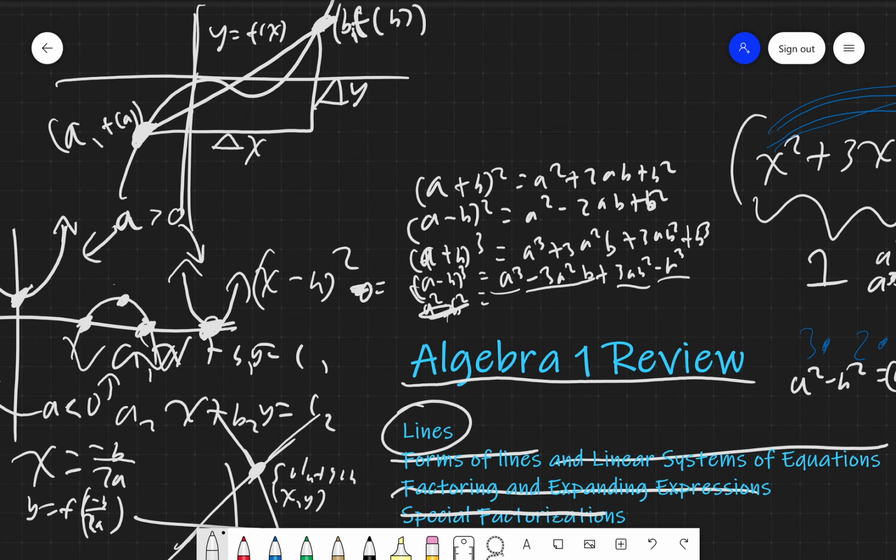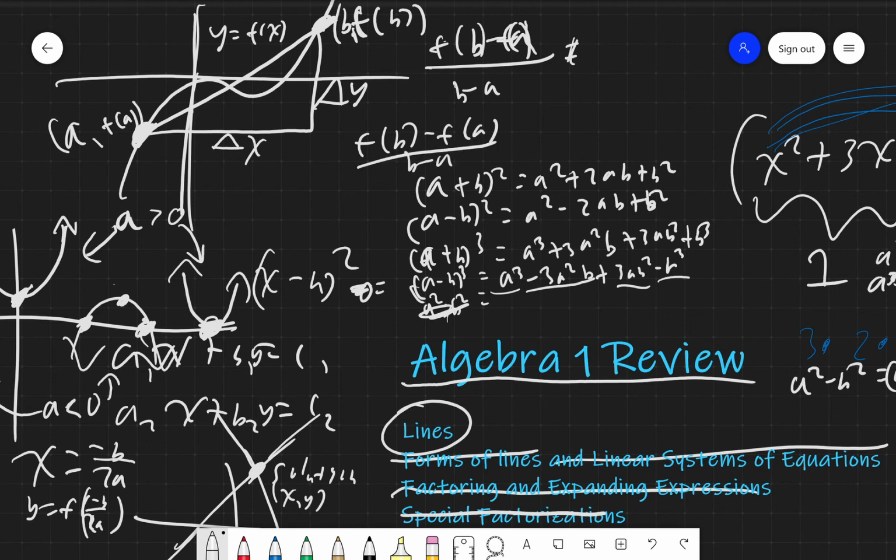So now, the change in y is going to be f of b minus f of a, and the change in x is going to be b minus a. So that's equal to f of b minus f of a over b minus a.